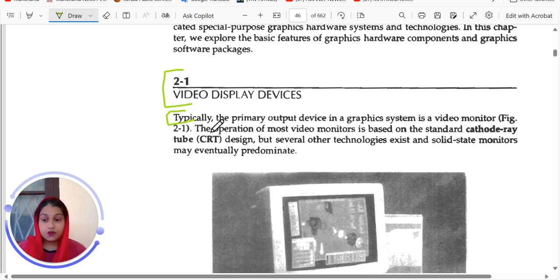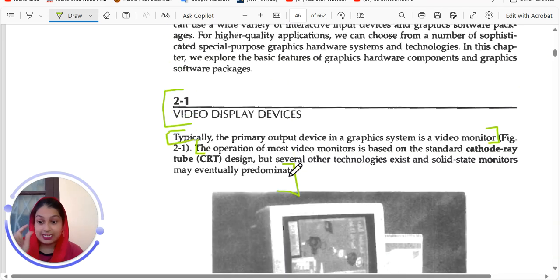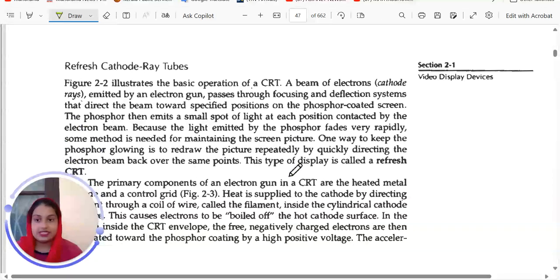The primary output device in the graphics system is a video monitor. The operation of most video monitors is based on the standard cathode ray tube CRT design, but several other technologies exist and solid state monitors may eventually predominate. This much you have to write as the introduction of video display devices.